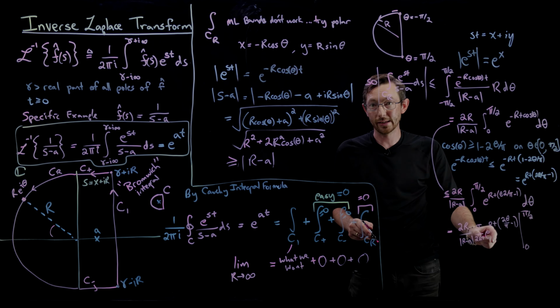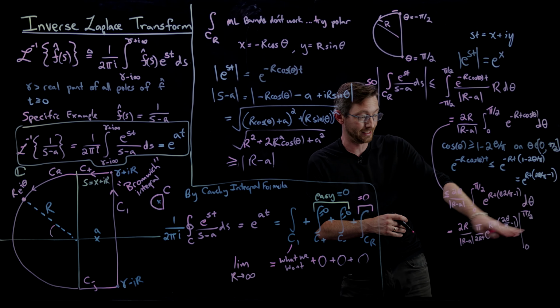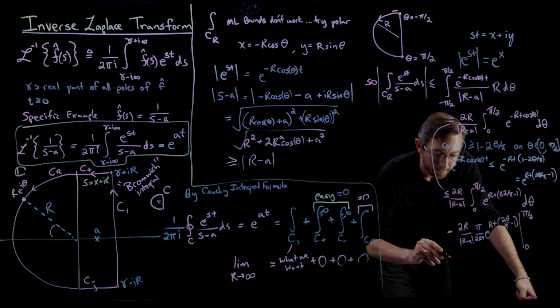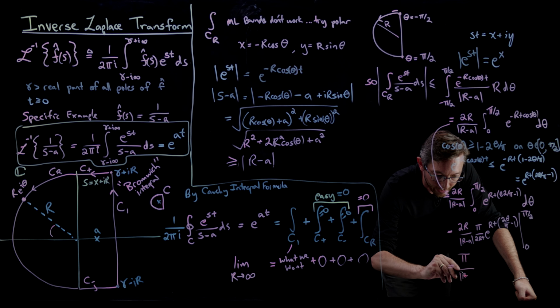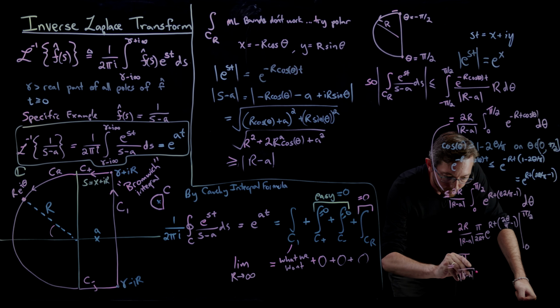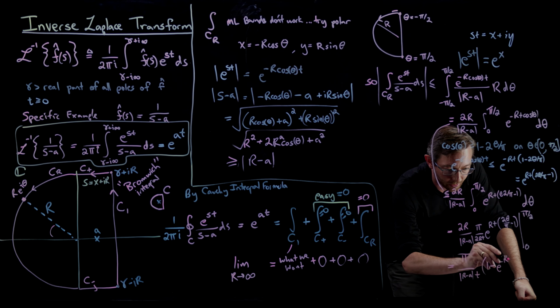At this point this just became a standard integral you do know how to solve. We evaluate it, and that just equals pi over norm of r minus a, t, 1 minus e to the minus rt.